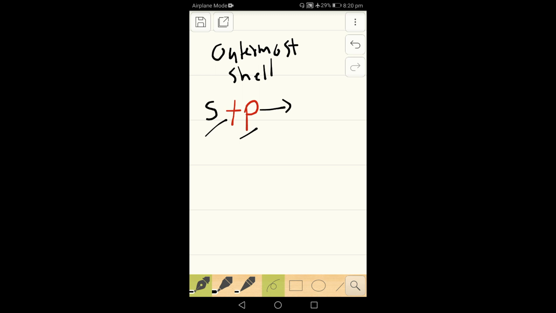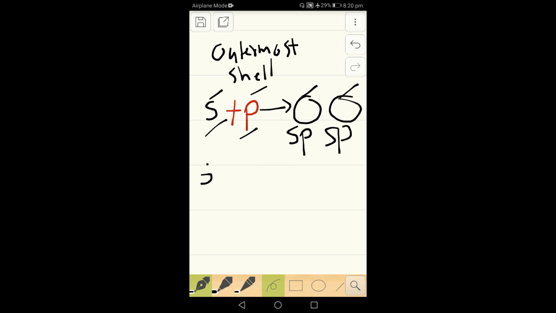So we will get 2 new orbitals, and each of them we will name sp. Since 2 orbitals are being mixed, 2 new orbitals will be formed, and each of them will be named sp.